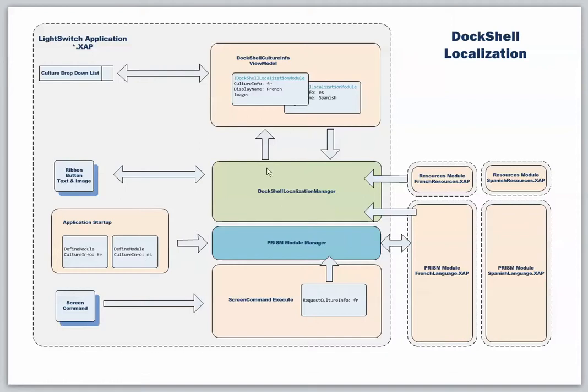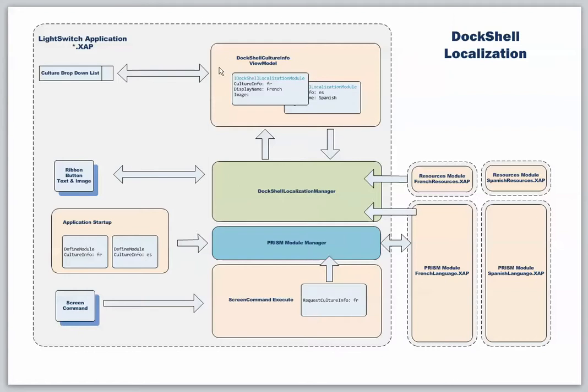Its role and responsibility is to accept instructions coming through this external feed, these external modules that will be loaded in, and then on demand pull in these resources and blend those resources with the existing resources within the application itself. So that's the Localization Manager.